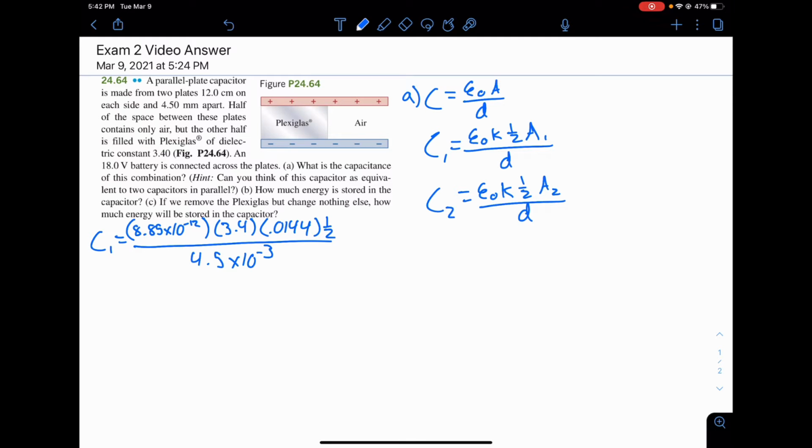And this is because we converted it from millimeters to meters in the case of distance.